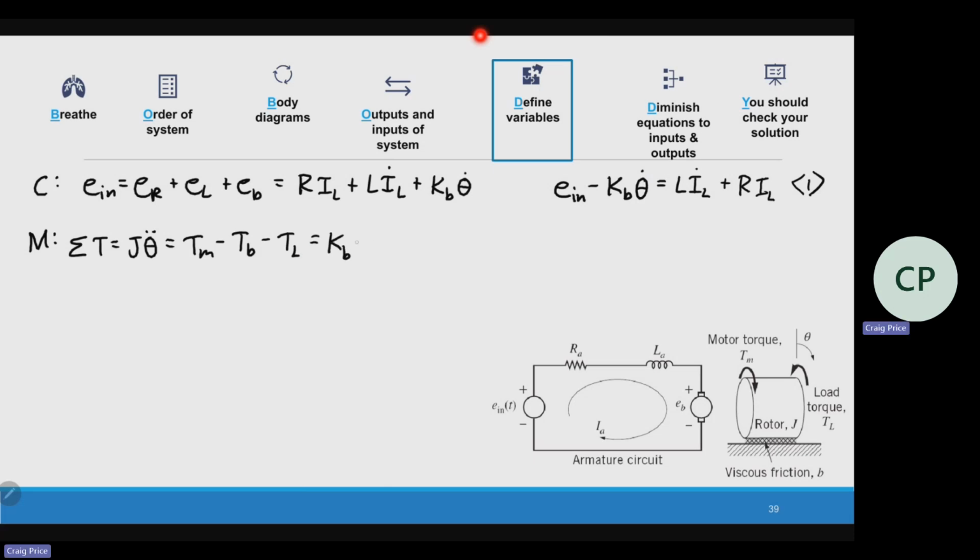So we can put in our definitions. Looking at the diagram, what's positive, what's negative. The output is theta, so we can get all the thetas to the same side.